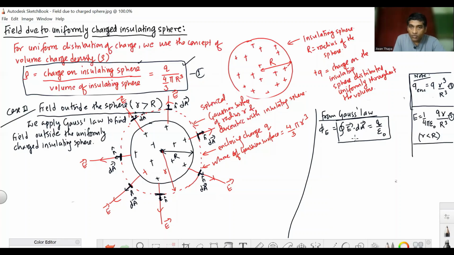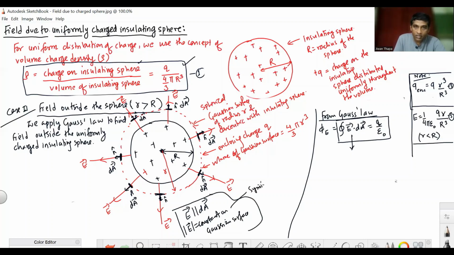The electric field is constant on the Gaussian surface. This is the condition of symmetry, and these two conditions are satisfied.